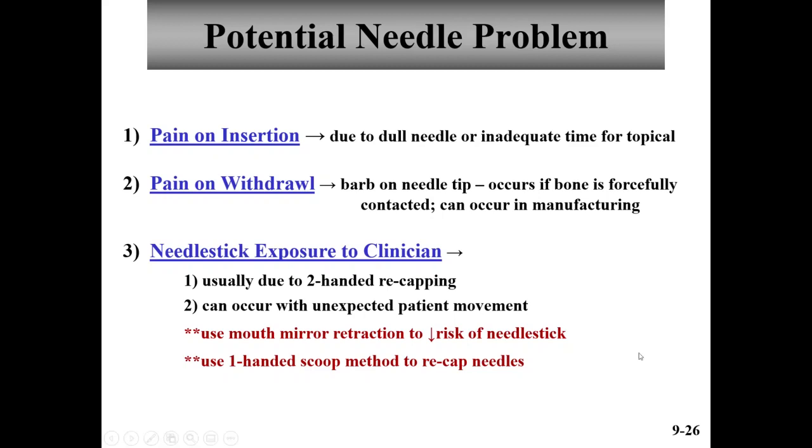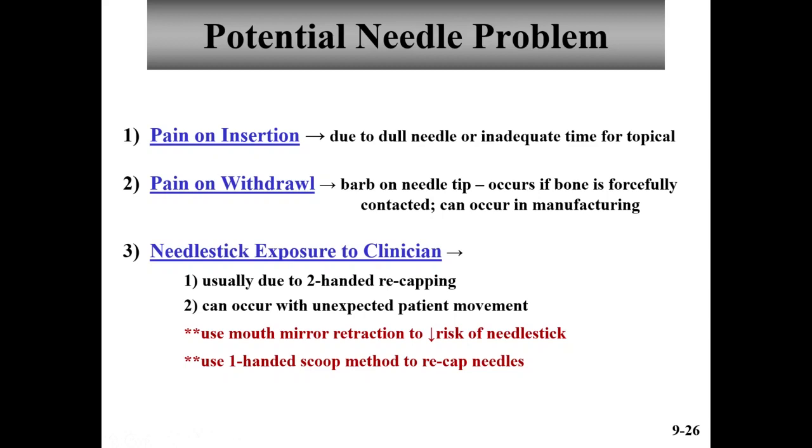An exposure is when a clinician has a needle stick with a contaminated needle that's been used in a patient's mouth, usually due to two-handed recapping. It can also occur if the patient moves unexpectedly or when you're taking the needle off.